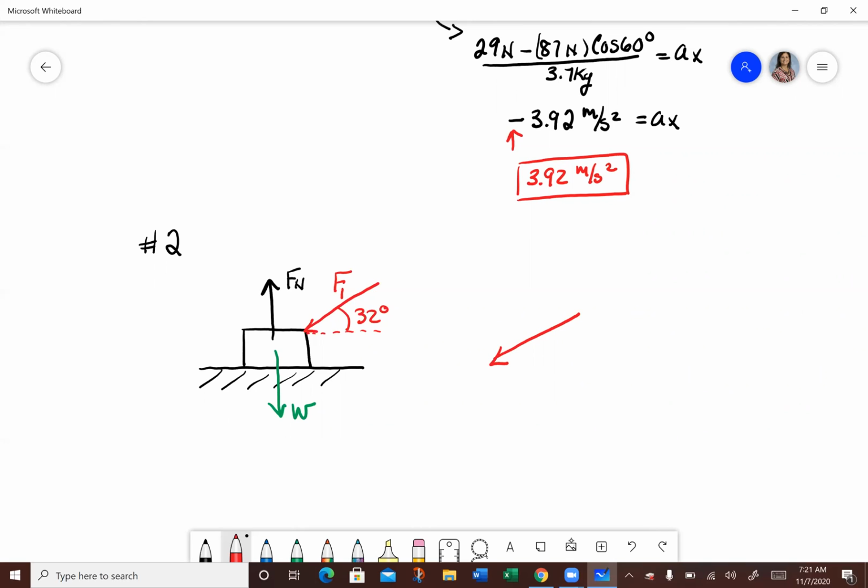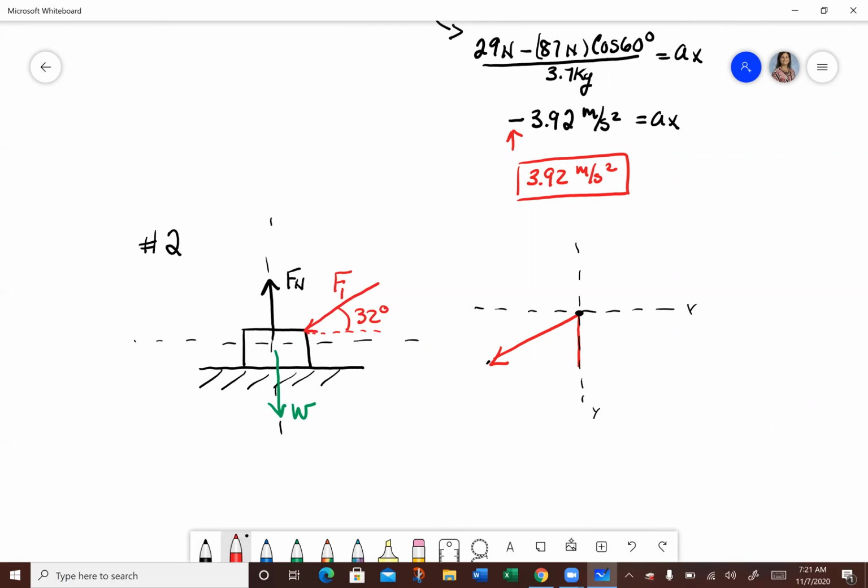I'm going to break it up into its components. I'm going to agree that I want my X to be this way and my Y to be this way, right? So I have to be consistent with that. That's my X and that's my Y. If you notice, I like to draw that coordinate system right at the tail of the vector to give me an idea of how I have to move. What are the components going to look like? So if I go from here to here, I want to move only in the X and Y direction.